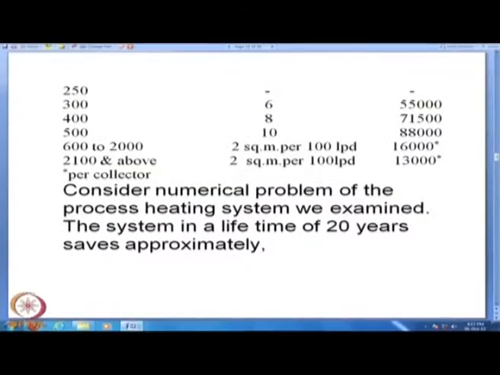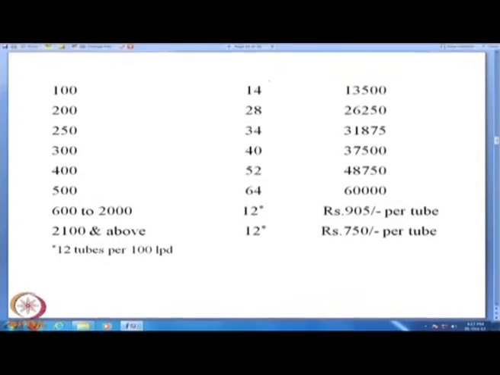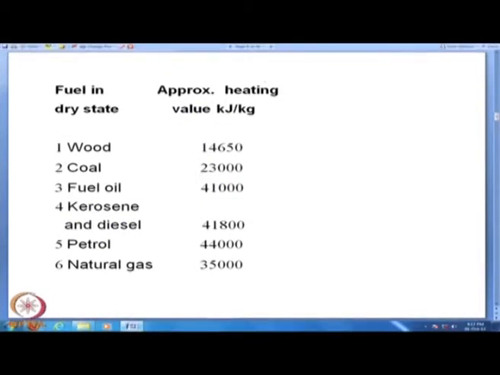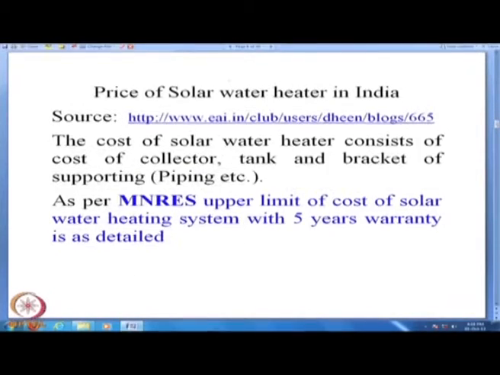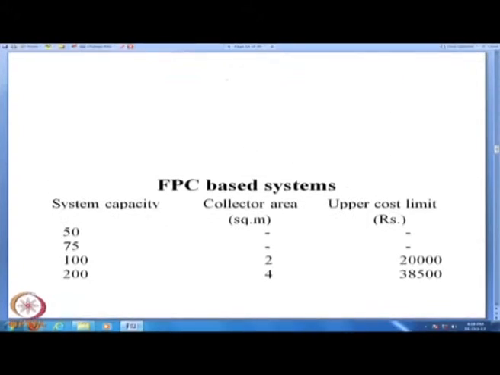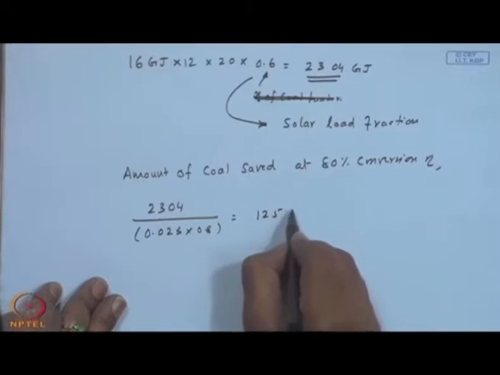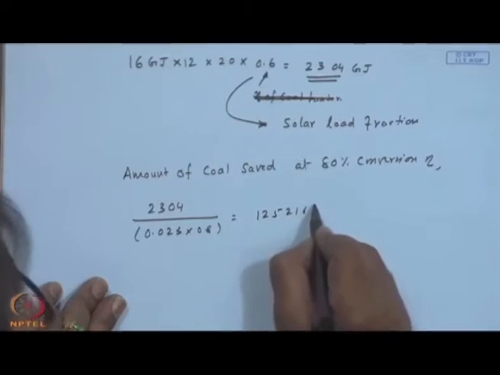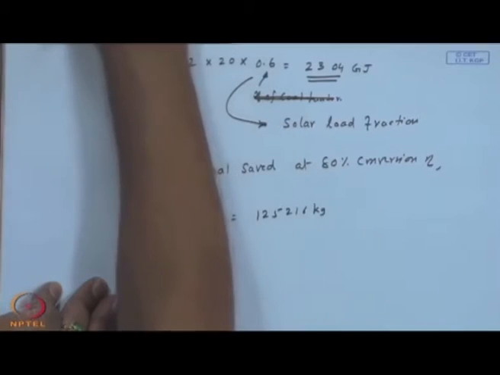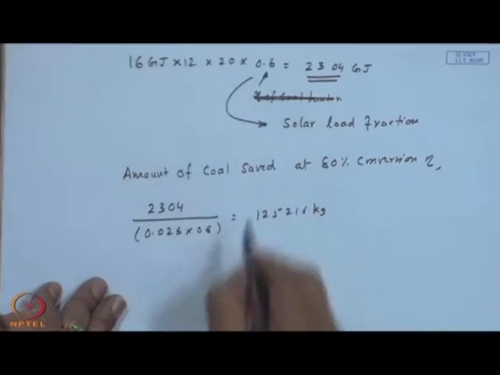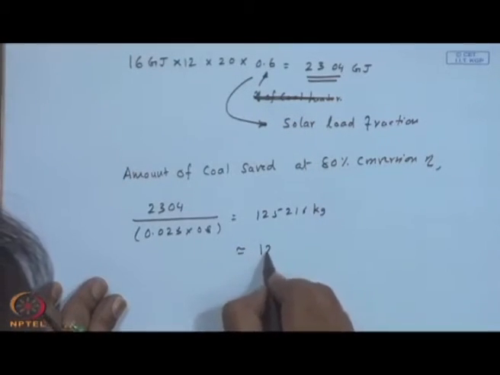Coal is 23,000 kilojoules per kg, so that will be 0.023 gigajoules. That comes to 125216 kg, that is roughly 125 tons.